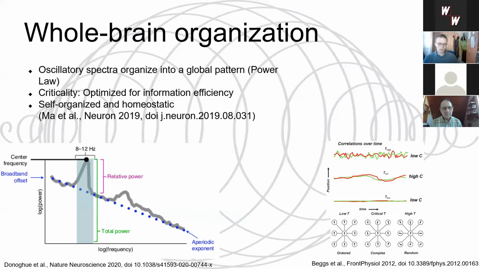recent research appears to show that critical dynamics play a role in the brain and that they can in fact organize themselves. There was this recent study by Ma and colleagues who have shown that when you disturb brain areas, in this case the visual cortex, when you disturb the critical state balance, then it will return into this state.